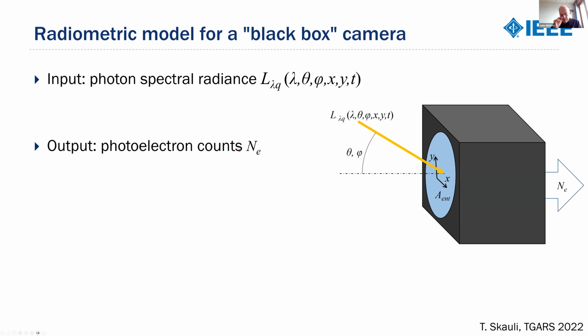Now, you may argue, of course, that a black box camera may output a digital value and not a photoelectron count. But it turns out that if you know the photon transfer technique, it is possible, under reasonable assumptions, to test the camera using a variable light level, and to back out the scaling factor between whatever value is output by the camera and the photoelectron count that was the basic signal inside the image sensor.